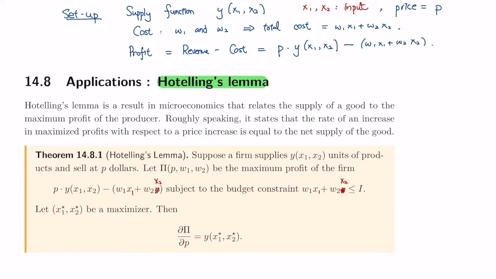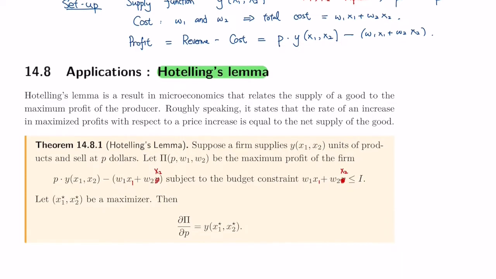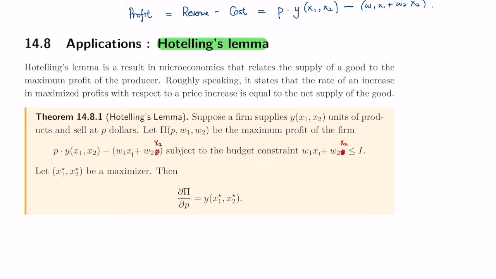In reality, you try to maximize the profit, but subject to the so-called budget constraint. Sorry, there's a typo, there's no y; the variables are x1 and x2. So you try to maximize your profit subject to the budget constraint given by W1 x1 plus W2 x2 less than or equal to I. Here I is the total budget.